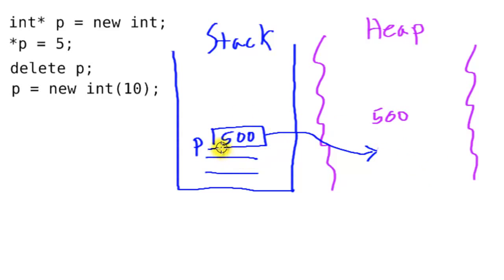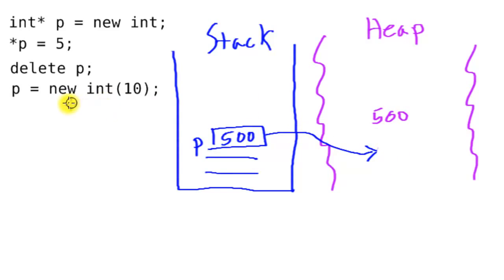And now p is still pointing to that address location 500, but it's no longer a valid location in memory. So we wouldn't want to make use of p at this point in time, dereference it, or do anything with it, try to assign a value to this particular address location. And this is what we call a dangling pointer. So a dangling pointer is just simply a pointer that no longer points to something valid on the heap.